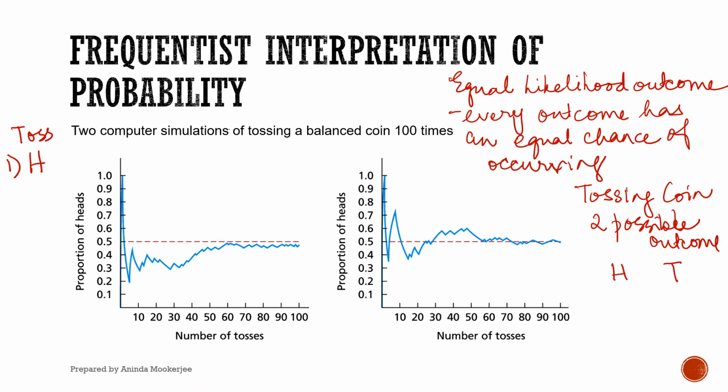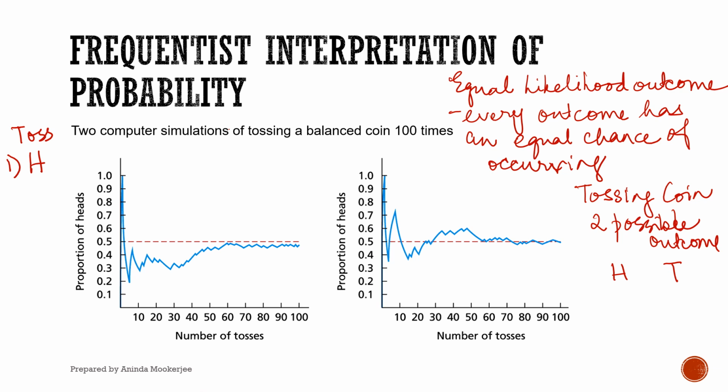It's not that because of the equal likelihood outcome, the first 5 times it'll show a head, and then the next 5 times it's going to show a tail, or it's going to alternate one head, one tail. It's going to be random, correct?